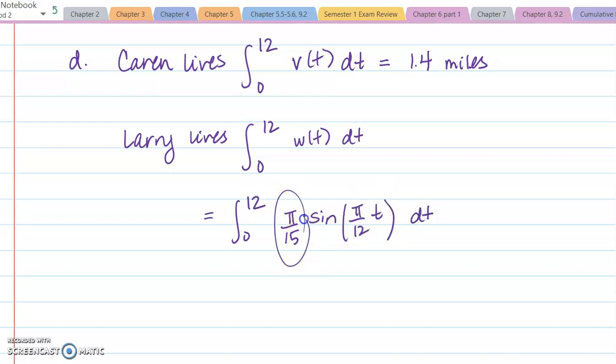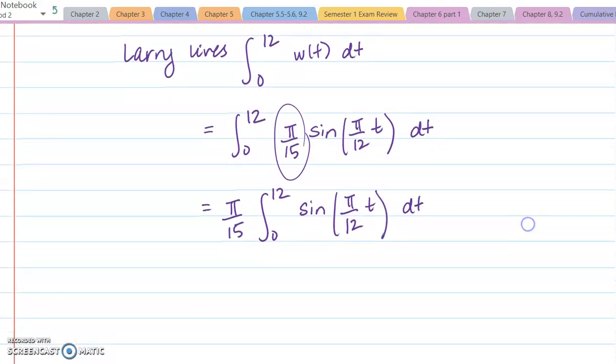I see the pi over 15, that's a constant, so I can factor that outside of my integral. And then I see that sine is a really nice function to find the antiderivative of.